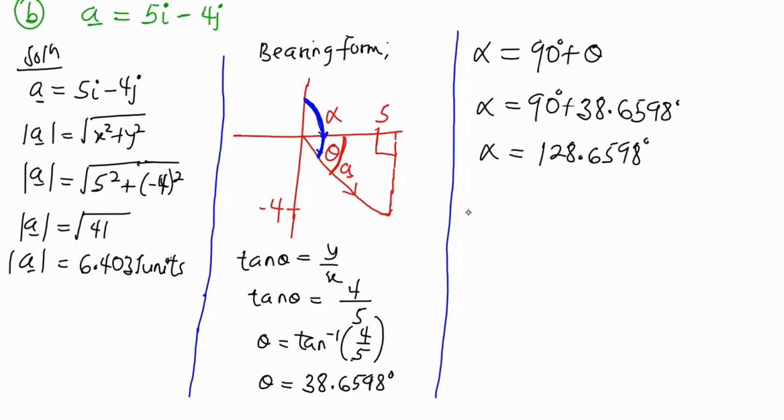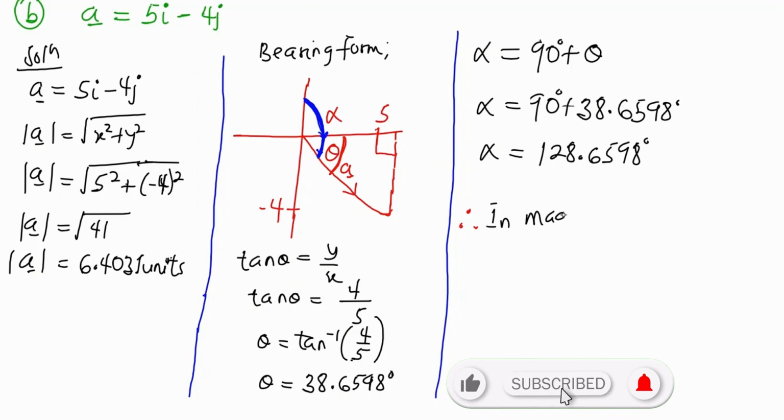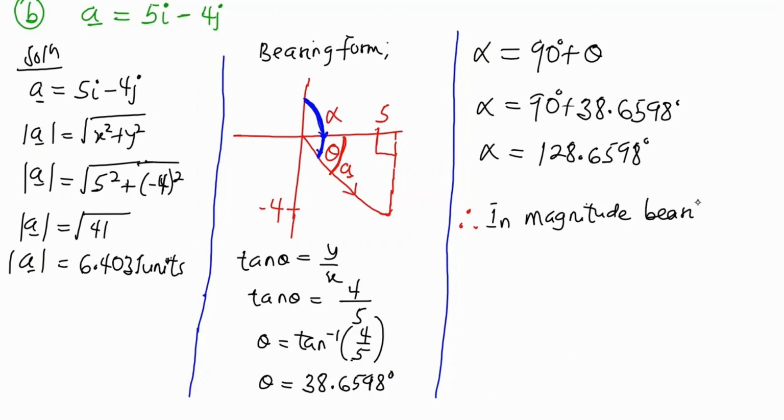Now we conclude by saying that therefore, in magnitude-bearing form, A is equal to the magnitude we saw to be 6.4031 units, and the bearing is 128.6598 degrees. So we leave it like that and write the same thing here.